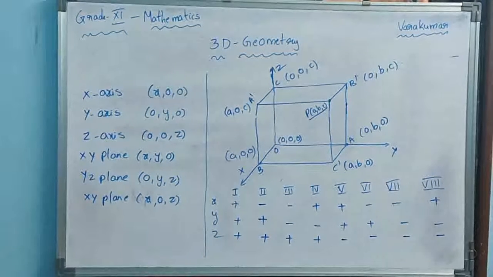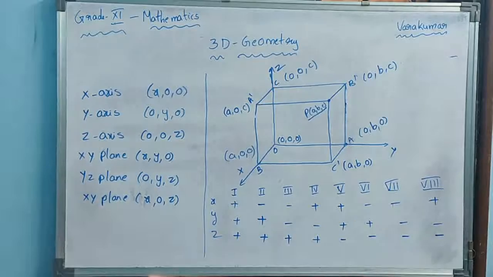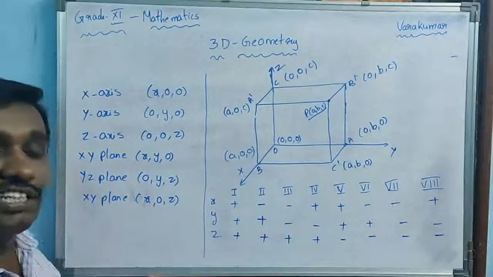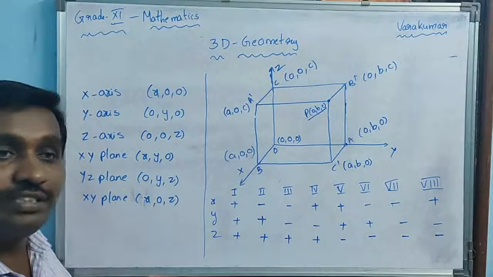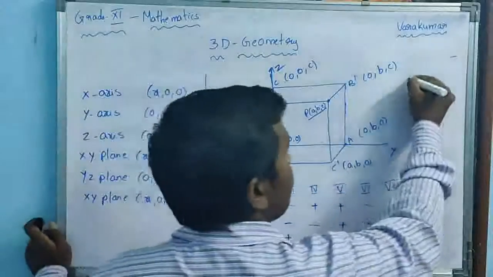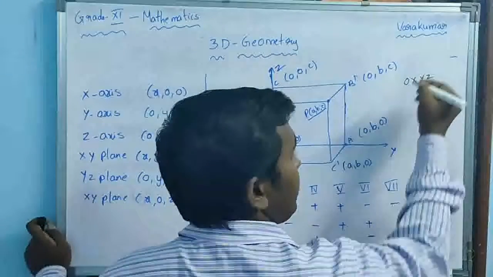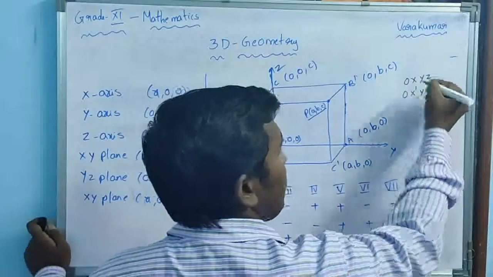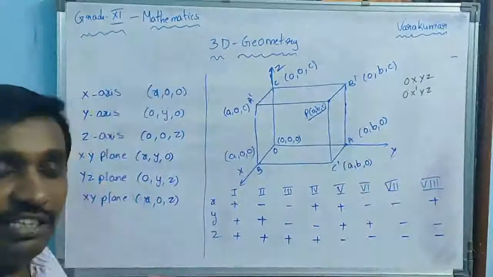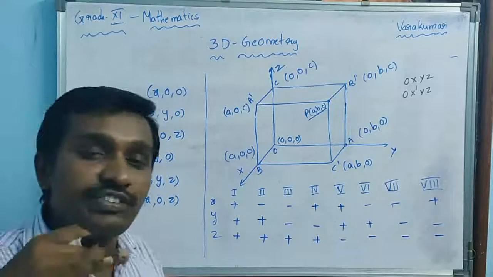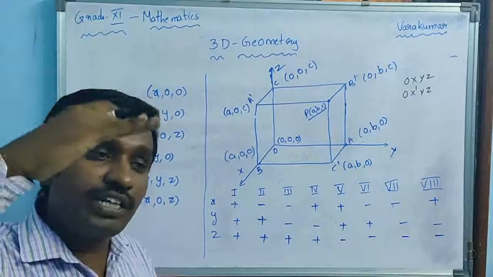Similarly, in the video we learned the octants OXYZ, and also OXY'Z, OX'YZ, and so on. So we learned 8 octants. Of these 8 octants, 4 will be in the top layer and 4 in the down layer.